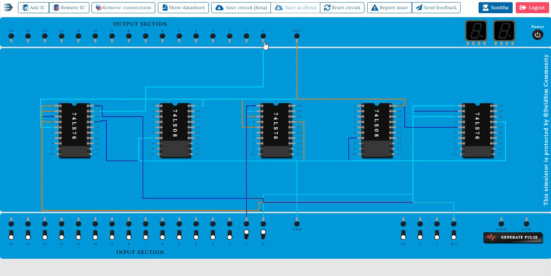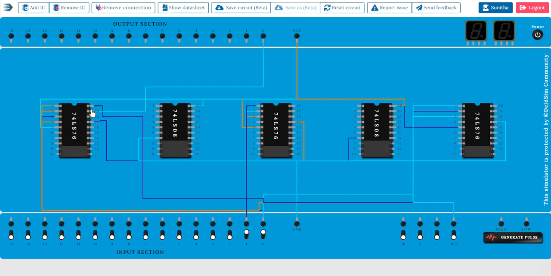From the first flip-flop, there are 5 connectivities which have been established. One is to your output line. The second is to the first AND gate, the third to the second AND gate, the fourth to the second flip-flop's K pin, that is pin number 16, and the fifth to the third flip-flop K input.